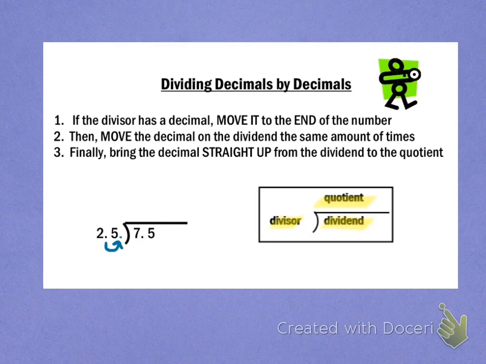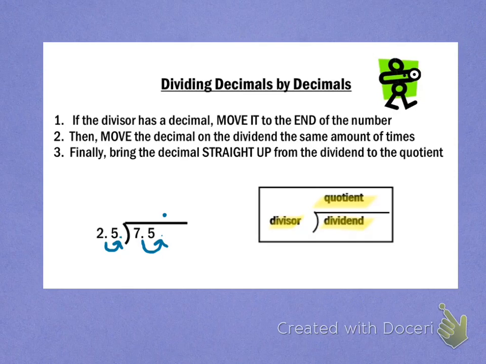However many times we move the divisor is how many times we're going to move the dividend. So I moved 2.5 to 25, moving it over once. I'm going to move 7.5 the same amount of times, one time, making it 75, and bring the decimal straight up into the quotient. So now I'm dividing a number by a whole number instead of a number by a decimal.